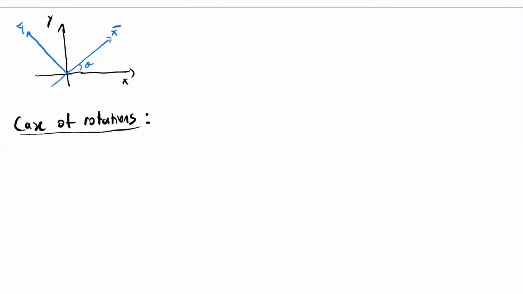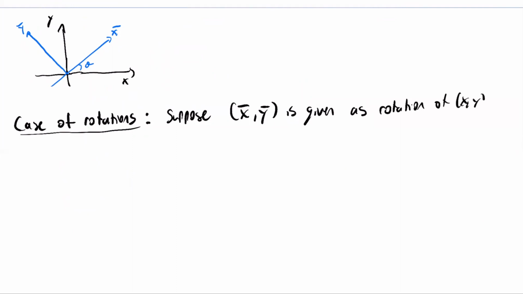Right, and so in particular, let's suppose, as above, that x bar, y bar is given as a rotation of x comma y by an angle theta, say.